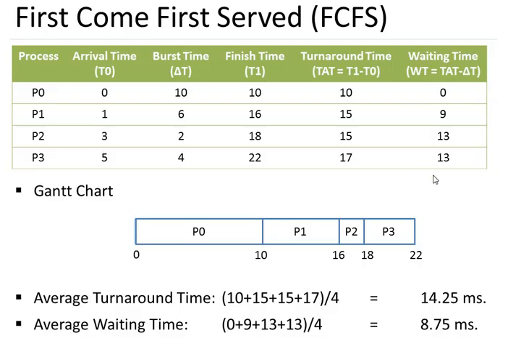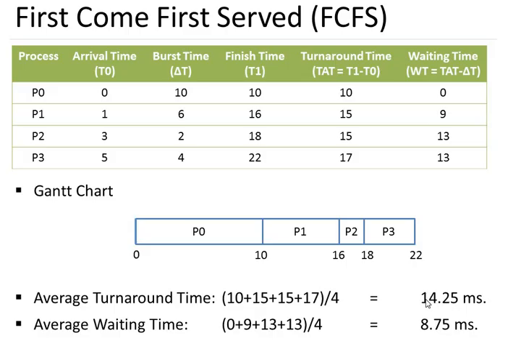We perform the summation of these values, 0 plus 9 plus 13 plus 13, divided by 4, so we get 8.75 milliseconds. So if we consider this scenario and follow the first come first serve policy, then the average waiting time is 8.75 milliseconds, and the average turnaround time, that means the time a process remains in the system, is 14.25.